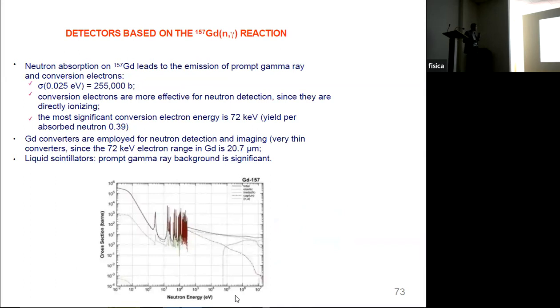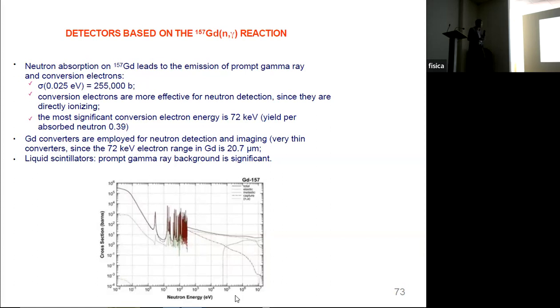Gadolinium-based detectors are not so frequently used, despite the fact that the cross section by neutron standards is pretty high. You can see in the figure it is three orders of magnitude higher, compared to two orders of magnitude higher for standard helium and boron counters.